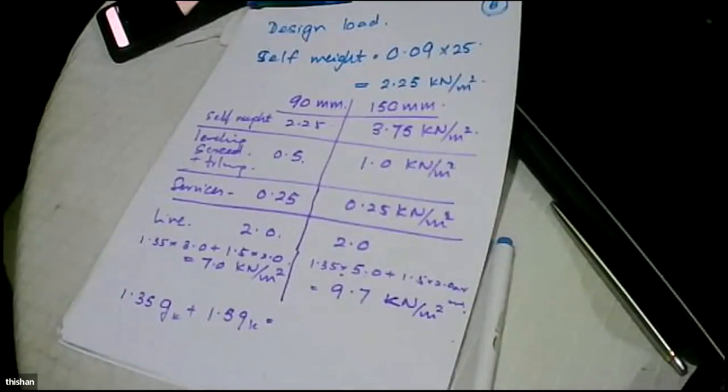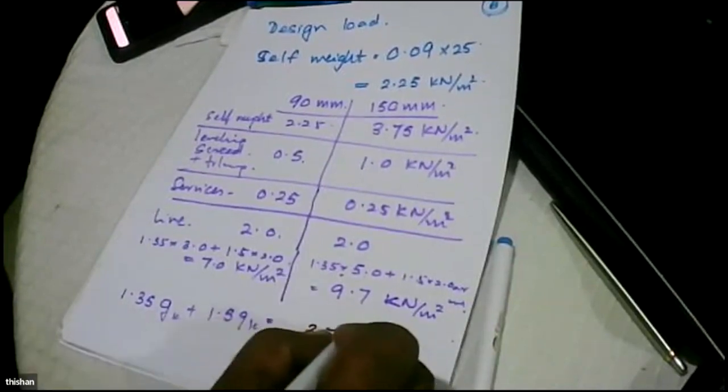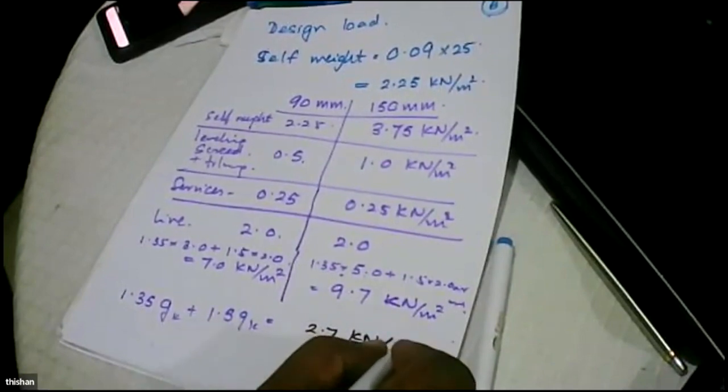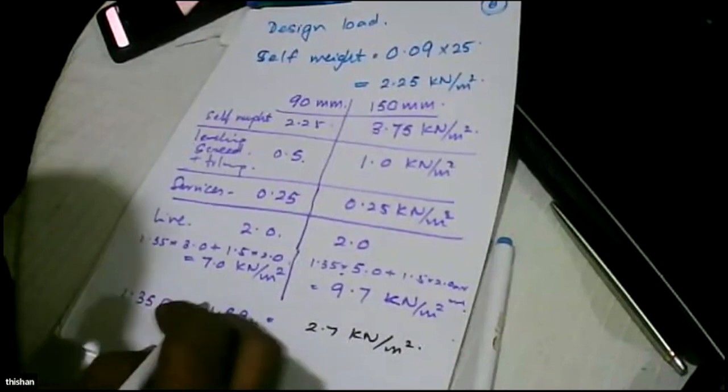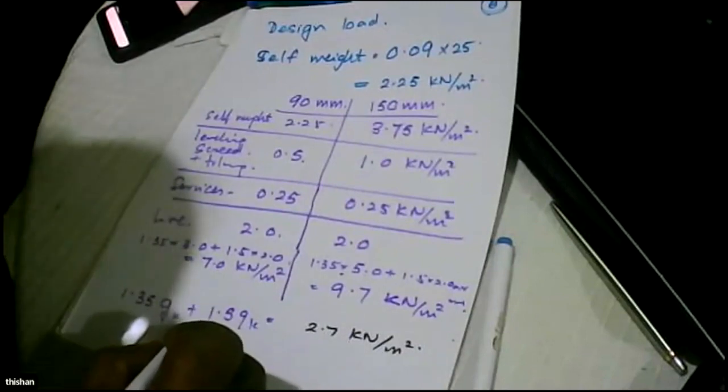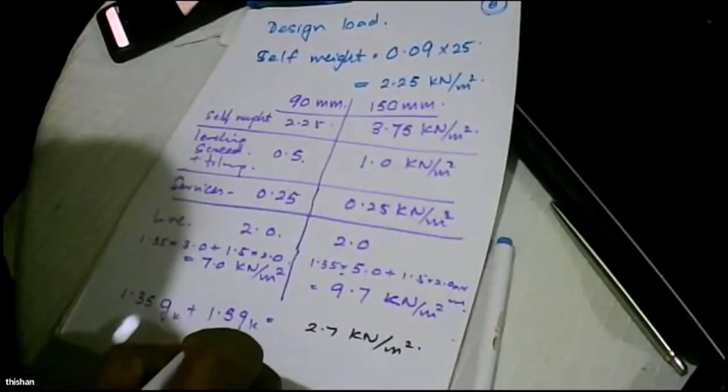So you can see now we make a saving of 2.7 kilonewtons per meter squared. Each floor, 10 floors, 40 floors.